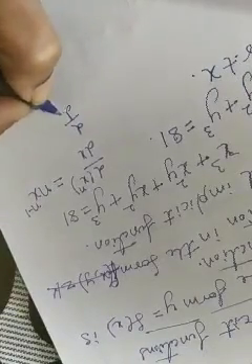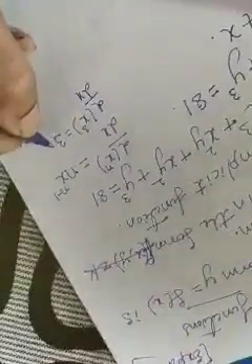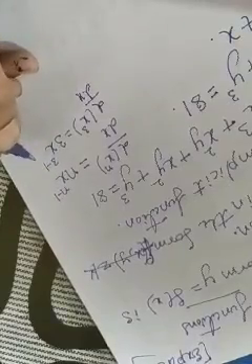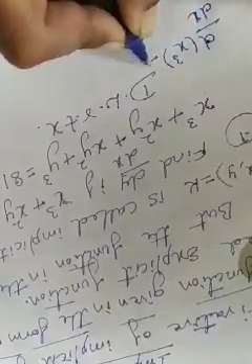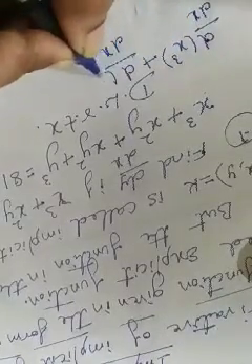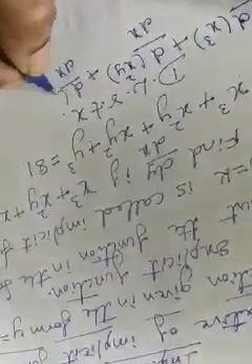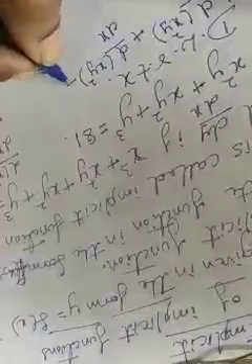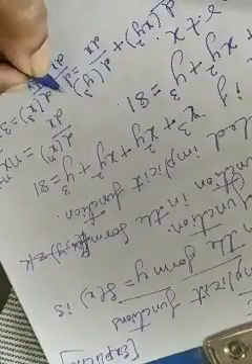So the derivative of x cube will be 3 into x raised to 3 minus 1, which is x square. So d by dx of x cube plus d by dx of x square y plus d by dx of xy square plus d by dx of y cube is equal to d by dx of 81.